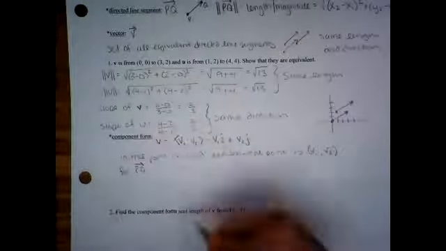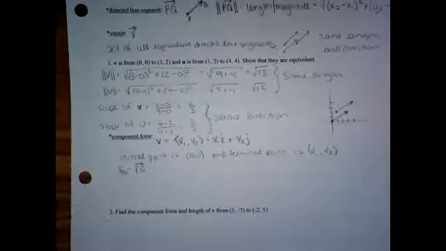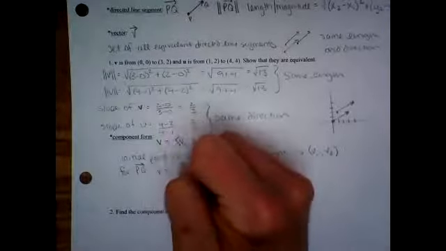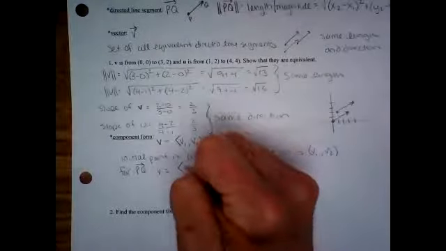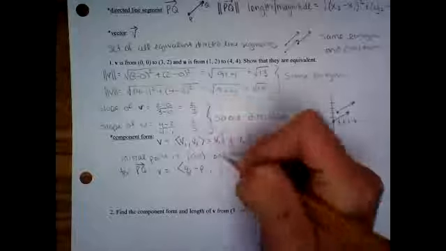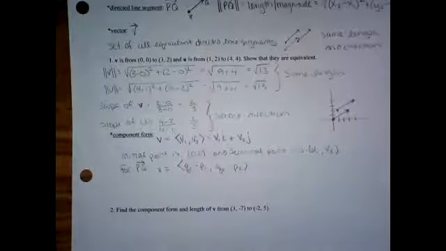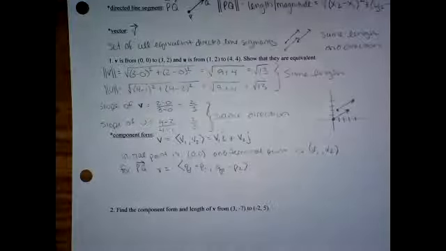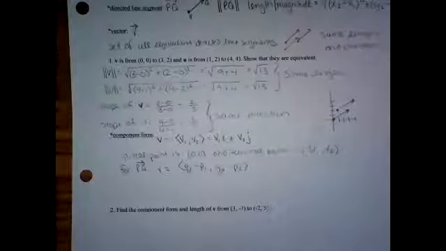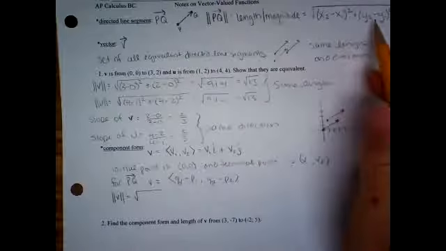So for any other directed line segment, to find that, you would just subtract the values. So you'd have Q1 minus P1, and then Q2 minus P2. If you just subtract them, that's going to give you what it would be if you started at the origin. All right. The magnitude for this, it's the exact same thing as right here.